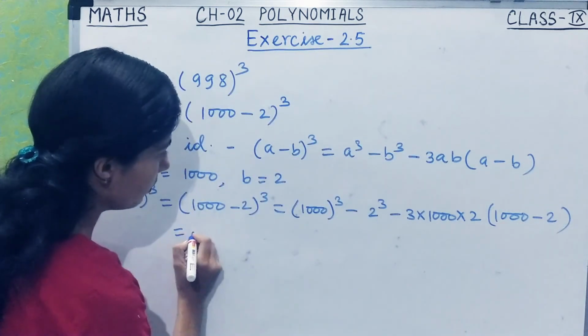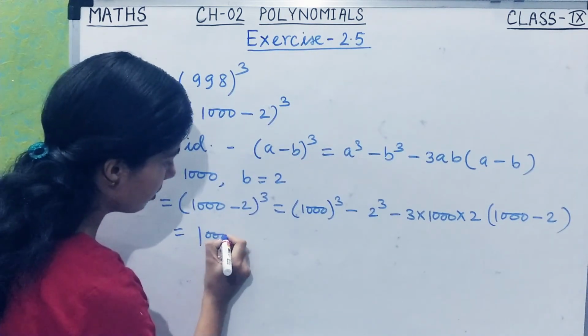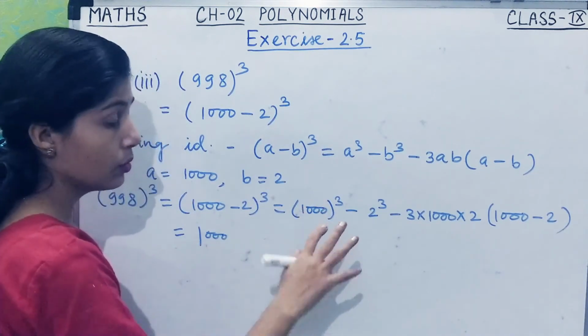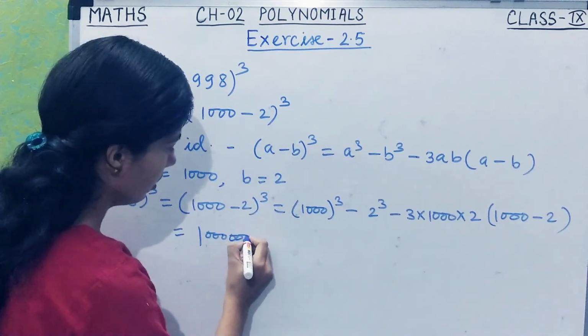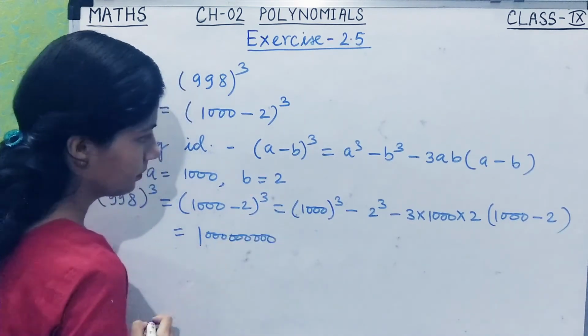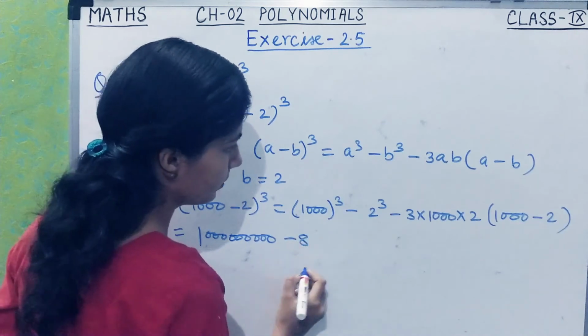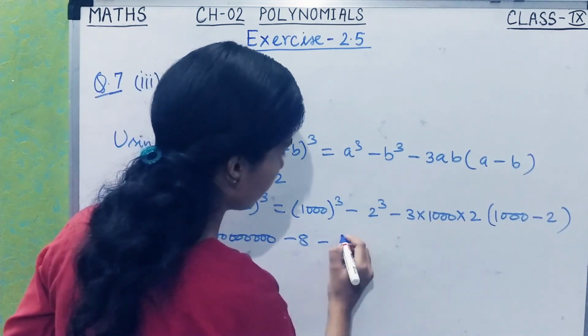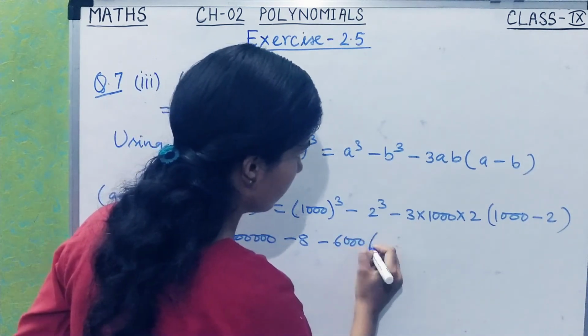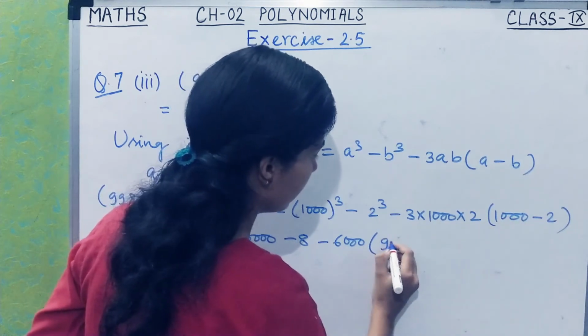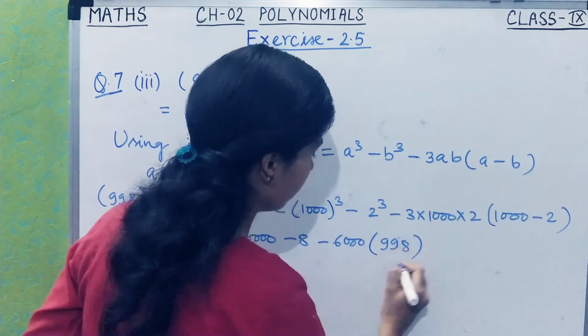Okay, so on solving, minus 8 minus 3 twos are just 6,000, and this one is 998.